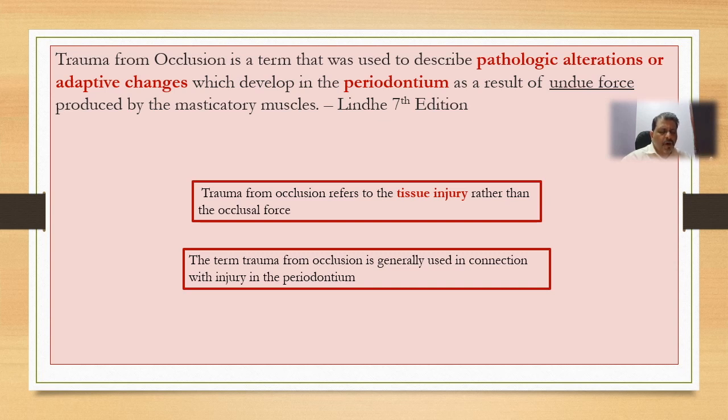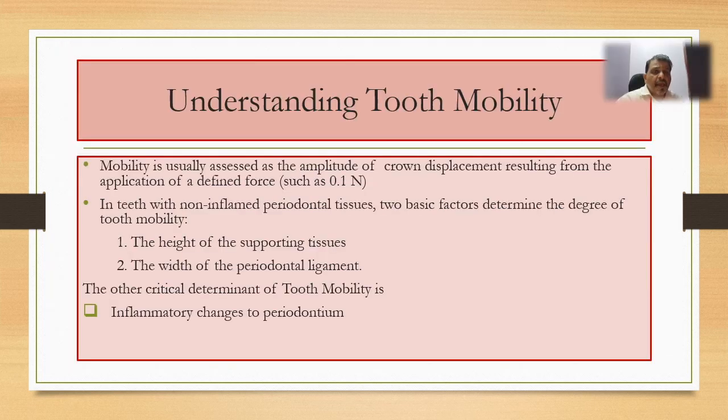Both of these cause significant alterations to the periodontium, and we shall be talking about how these alterations could compromise disease presentation. A significant factor in the clinical presentation of occlusal trauma is tooth mobility.